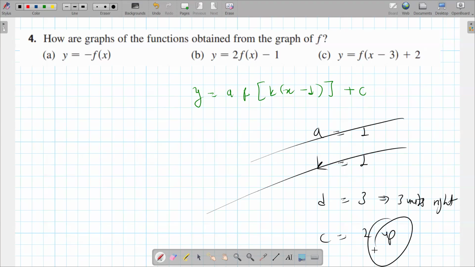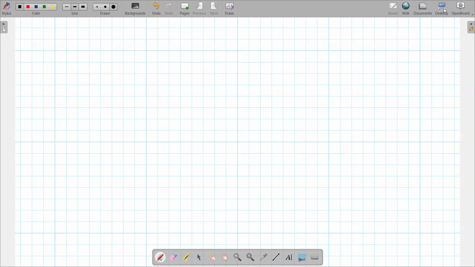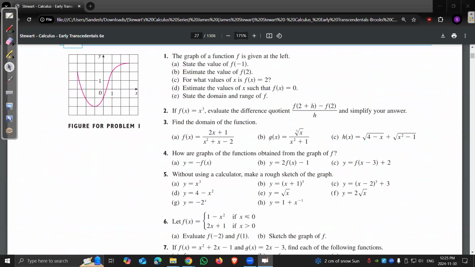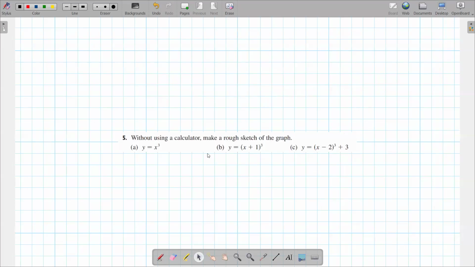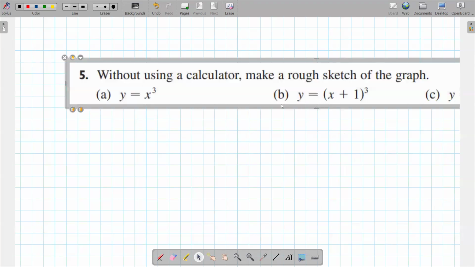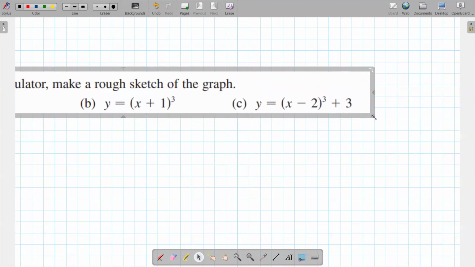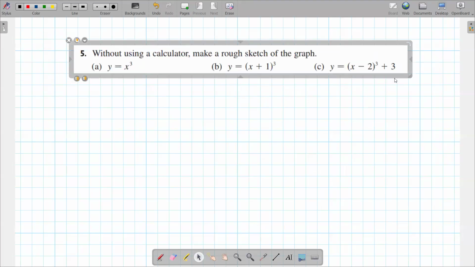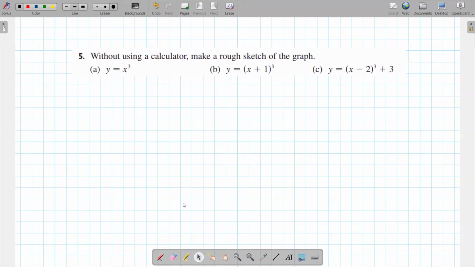So that's transformations. It'll help you graph out functions very easily, I think, which is going to be the next question. Without using technology, graph the following. It's just a rough sketch, and all of them are polynomial functions, so how hard could this be?